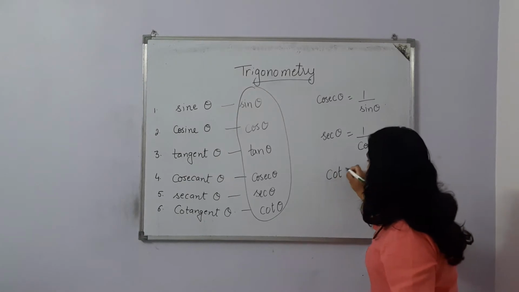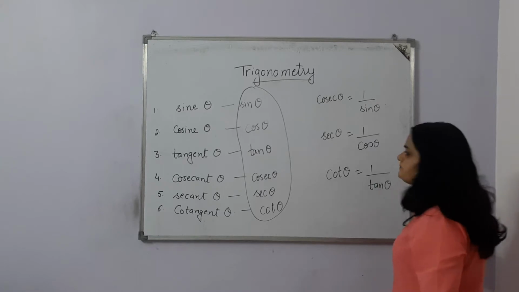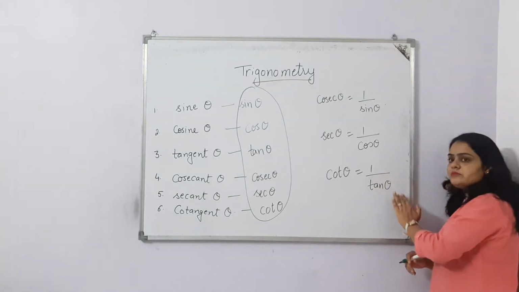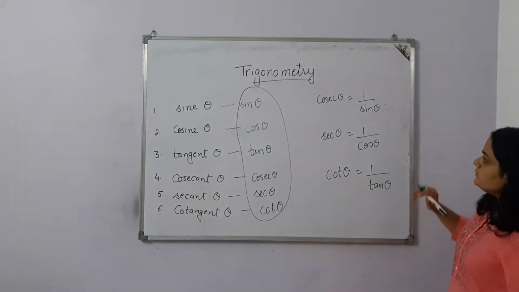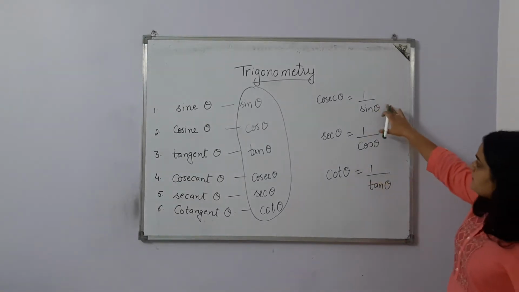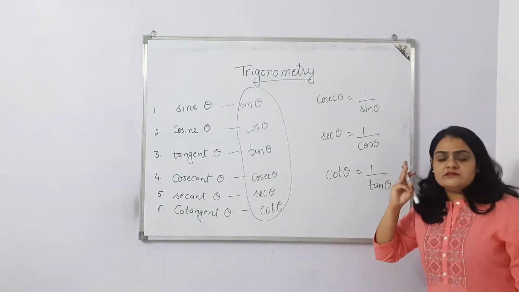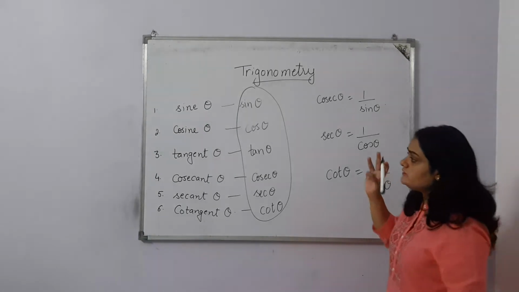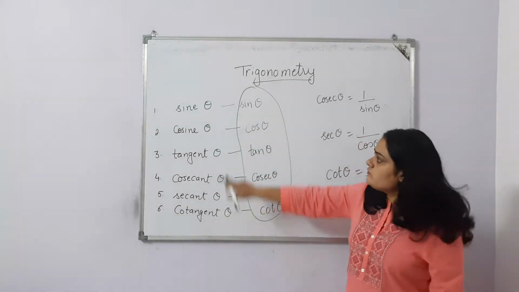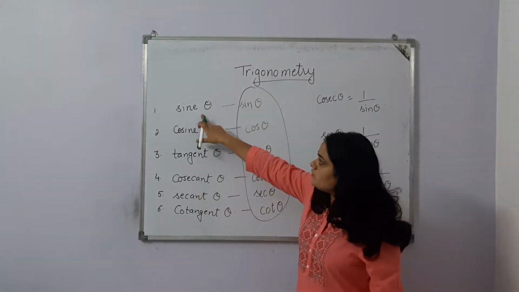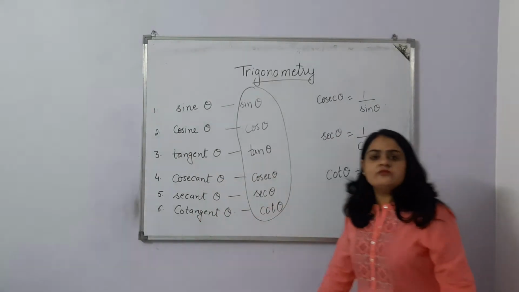And last one, cot theta is the reciprocal of tan theta. So we can write cot theta is equal to 1 by tan, or we can write tan theta is equal to 1 by cot. So now these are sine, cos and tangent. These are three major trigonometric functions, and these three are the reciprocals of the upper three. So cosecant is the reciprocal of sine, secant is the reciprocal of cosine, and cotangent is the reciprocal of tangent.